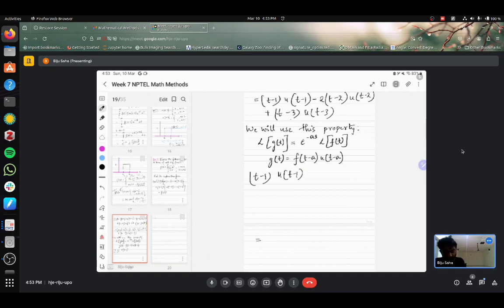So if you compare this with this g(t), what do you say? What is the value of a? Can you say it is 1? Now similarly for the second, what is the value of a? And also for the third.